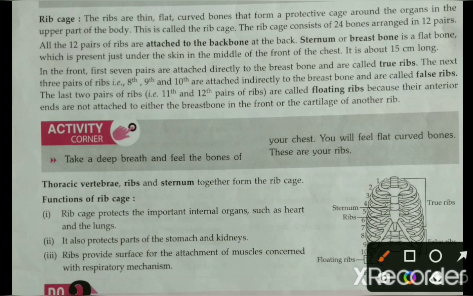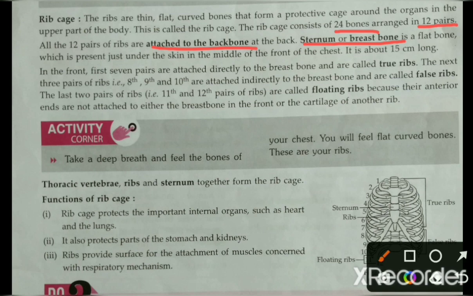It consists of 24 bones, that is 12 pairs on either side, left and right. So it is attached to the backbone in the back side and to the front in the sternum or breastbone. So the breastbone is a flat bone. You can see in the given picture, right? Usually we have 12 pairs, I said.